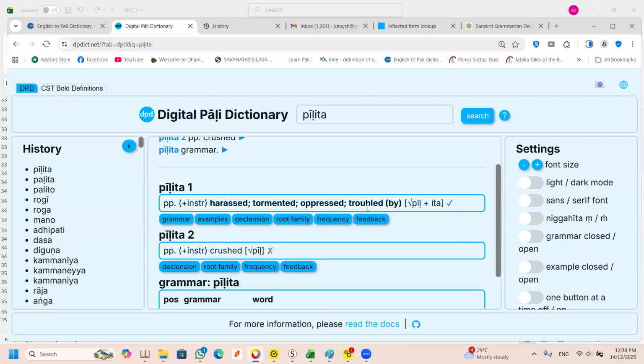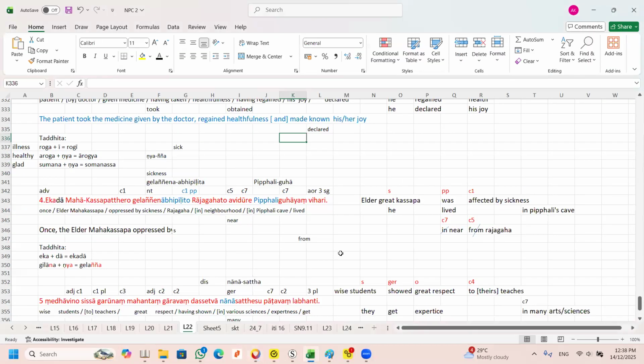You can also say you are tormented by the sickness. But you cannot say harassed. You need a person to harass or oppress you. The king oppresses you, the thief harasses you, but for sickness, you are troubled or tormented by the sickness. This is how you're going to use it. Okay, we will take this. So in this case, I use the words affected by.